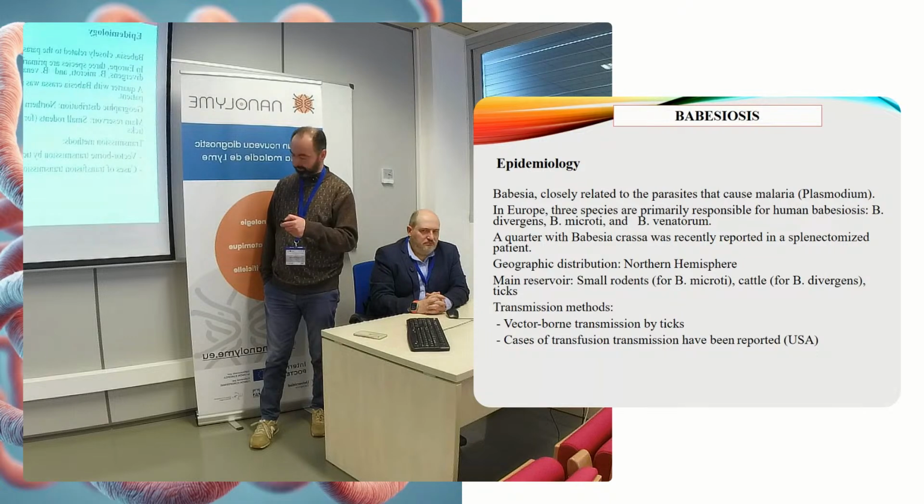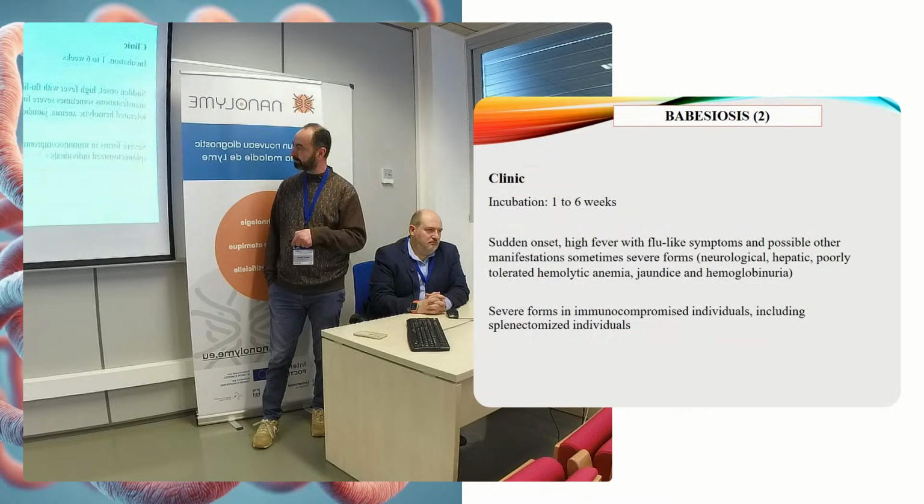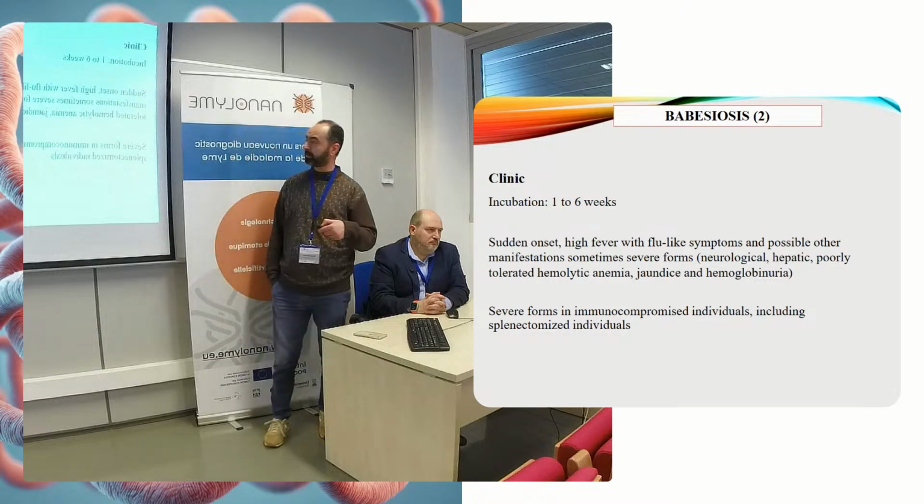As you can see, there is above all a tick transmission, but there are also cases of other transmission. The symptoms are above all fever, chills, flu-like symptoms, and it's possible to get anemia, jaundice, and it can be very severe in immunocompromised individuals.